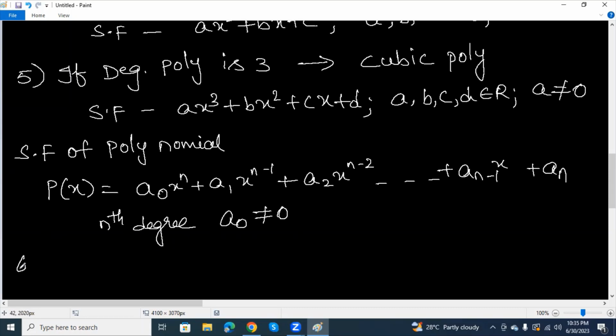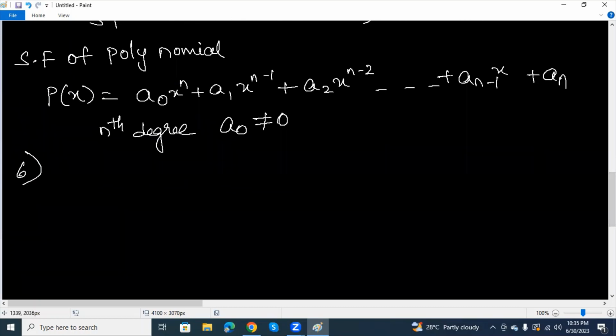Next. What is the value of the polynomial? Suppose a polynomial is there, 3x square plus 5. So, what is the value of the polynomial when x is equal to 0?